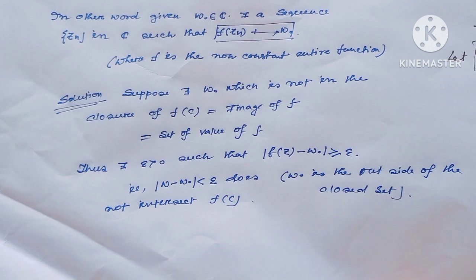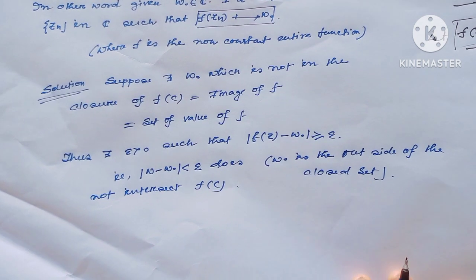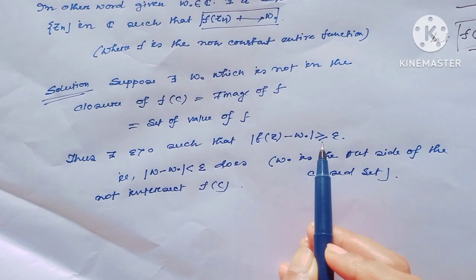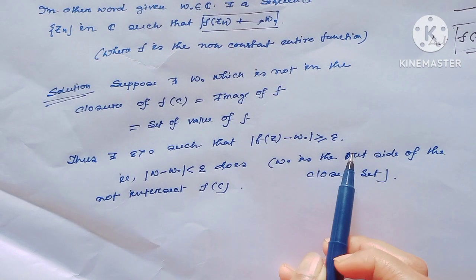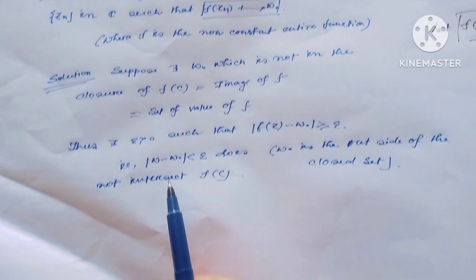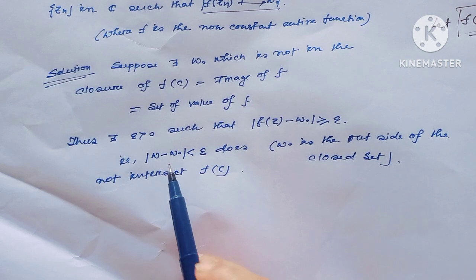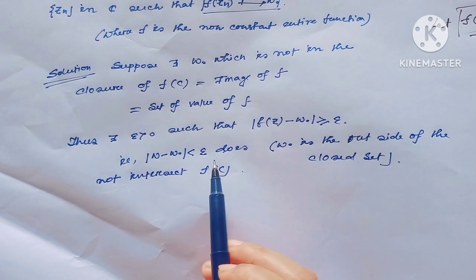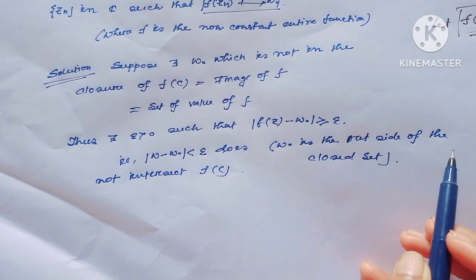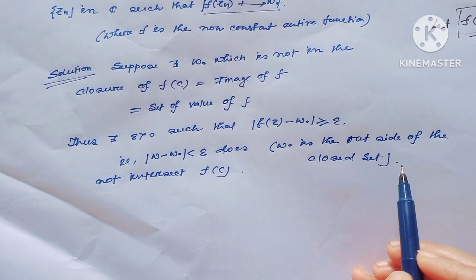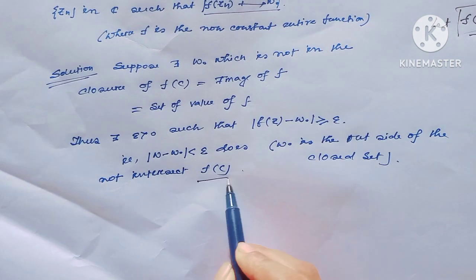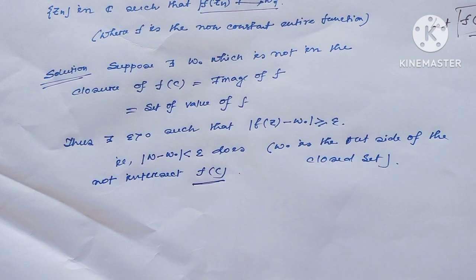That means there exists epsilon greater than 0 such that modulus of f(z) minus w naught is greater than or equal to epsilon, where w naught is outside of the closure, the set which does not intersect the image.